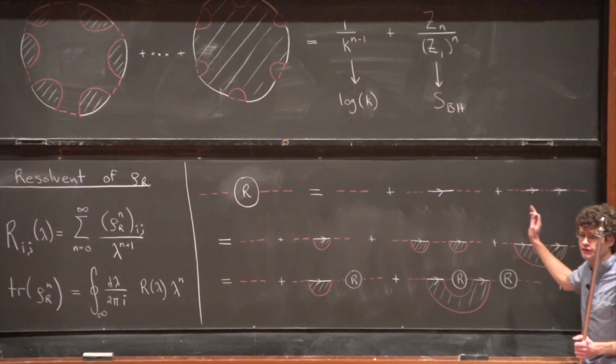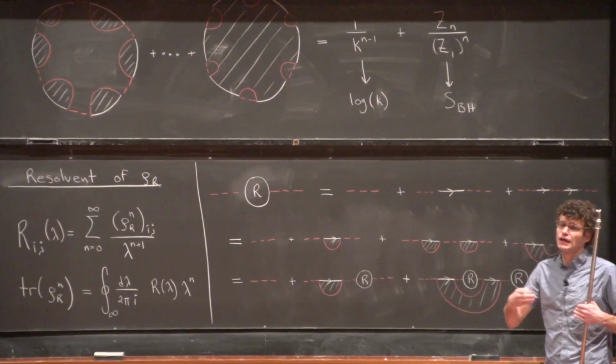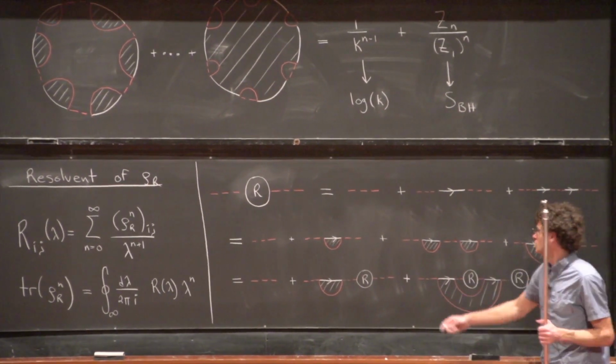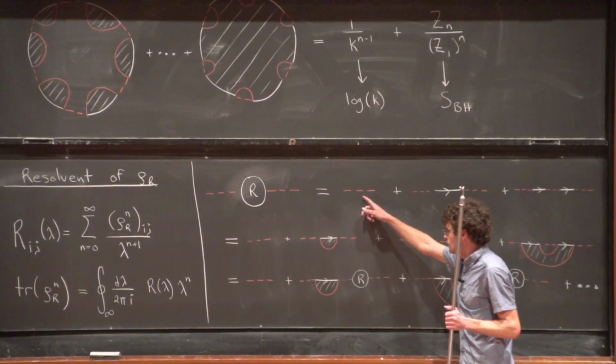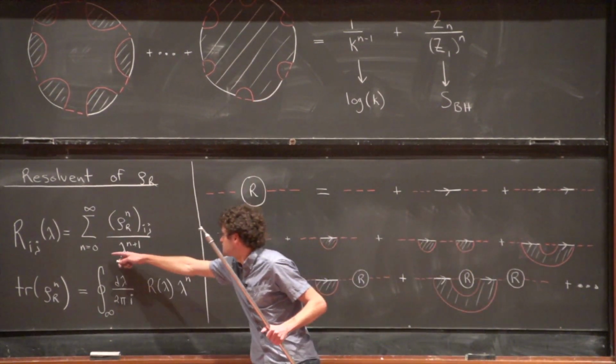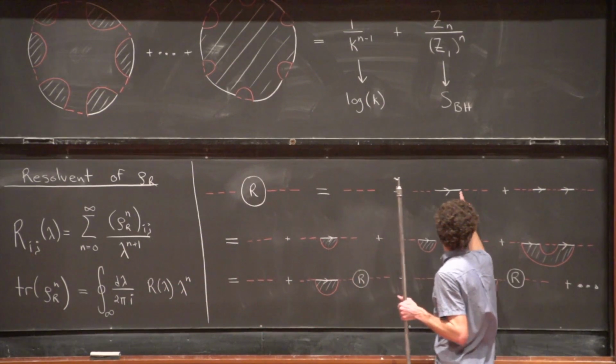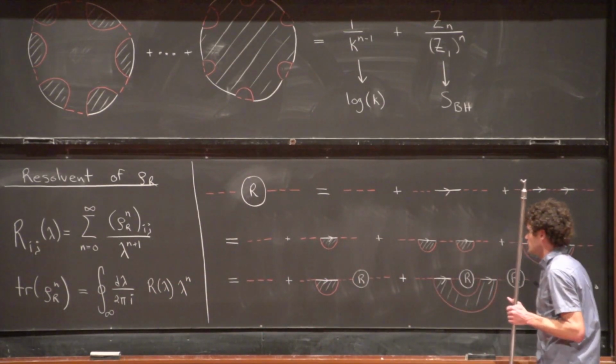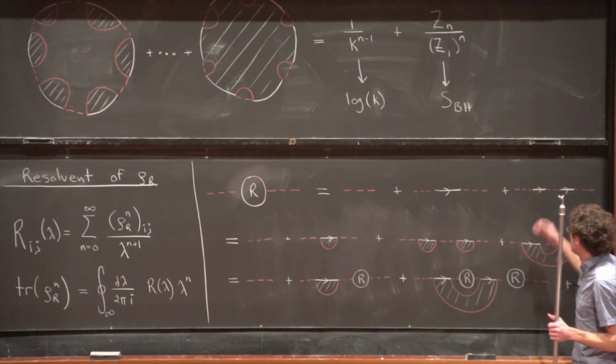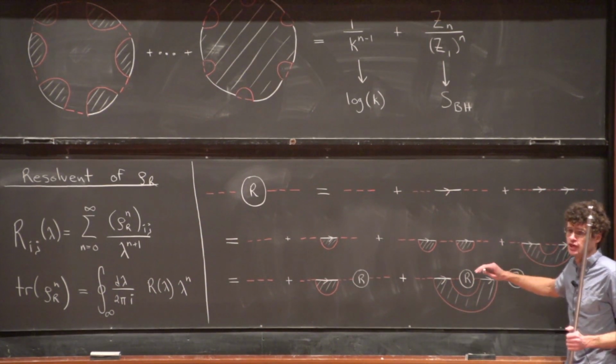It's a sum of an infinite number of terms with a different number of asymptotic boundaries. There's a term with no boundary, that's the n equals 0 term here. Then there's a term with one asymptotic boundary, two asymptotic boundaries, and so on. And we need to fill these things in with all possible planar geometries.